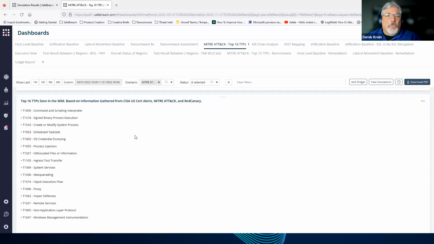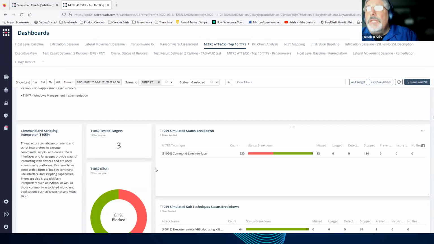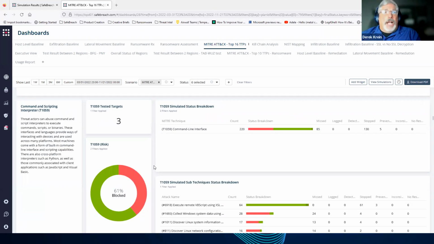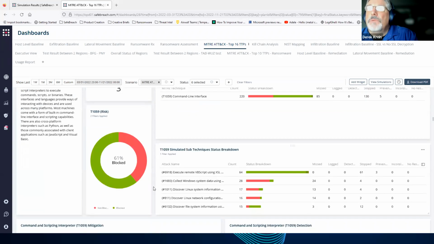So just starting with the big picture view and really starting to dial in your detection engineering program helps a lot. When you come in, you can take a look at the actual technique. There's a description of what it is, the number of targets, your overall view of how you did, the actual technique, and then some of the tests that were run.